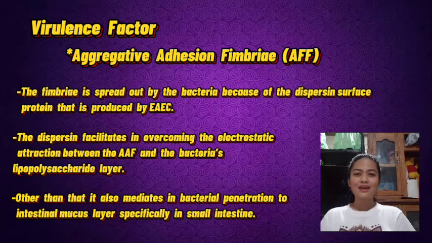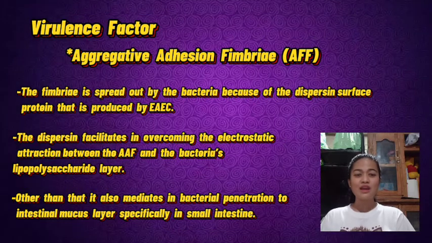This subtype of E. coli has virulence factors. The first one is aggregative adhesion fimbriae, or the AAF. It is the principal virulence factor of enteroaggressive E. coli. It plays a role in epithelial cell adhesion, which is the first step of intestinal colonization.